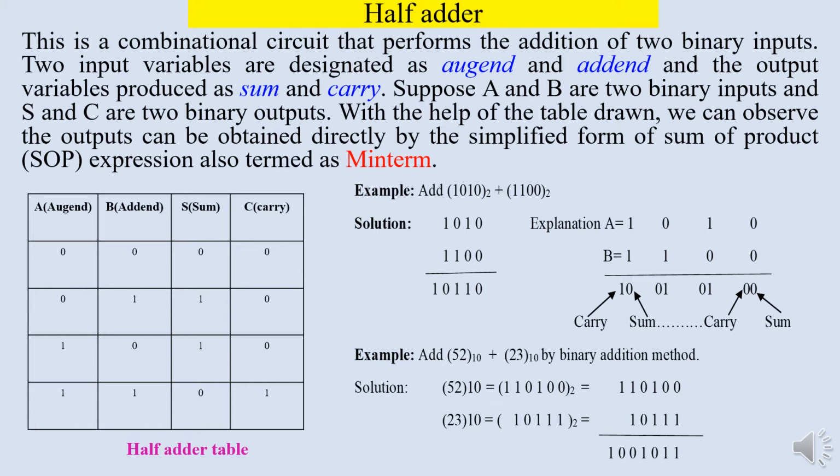To explain the same, here I have taken two examples. In example 1, the binary numbers 1010 and 1100 are taken for addition. To do the addition operation, we have to start with the least significant bit. Here we can observe the first two bits are 0 and 0.